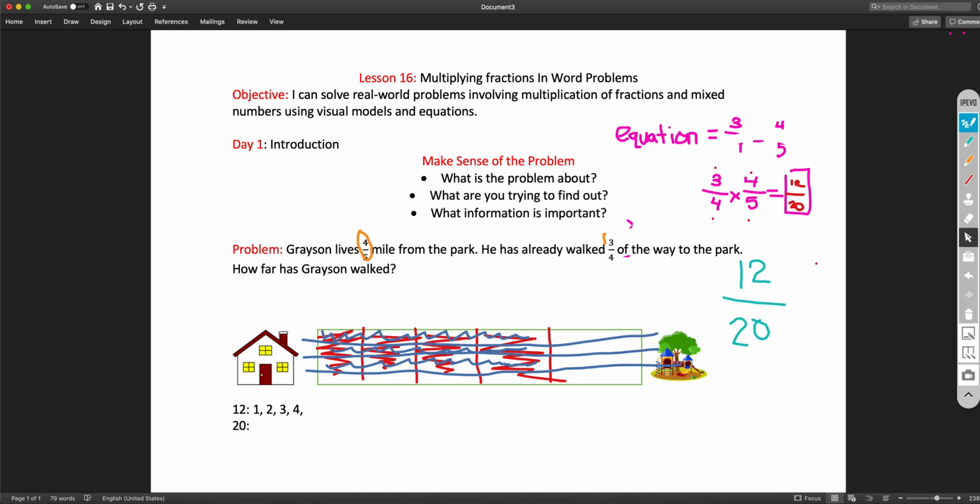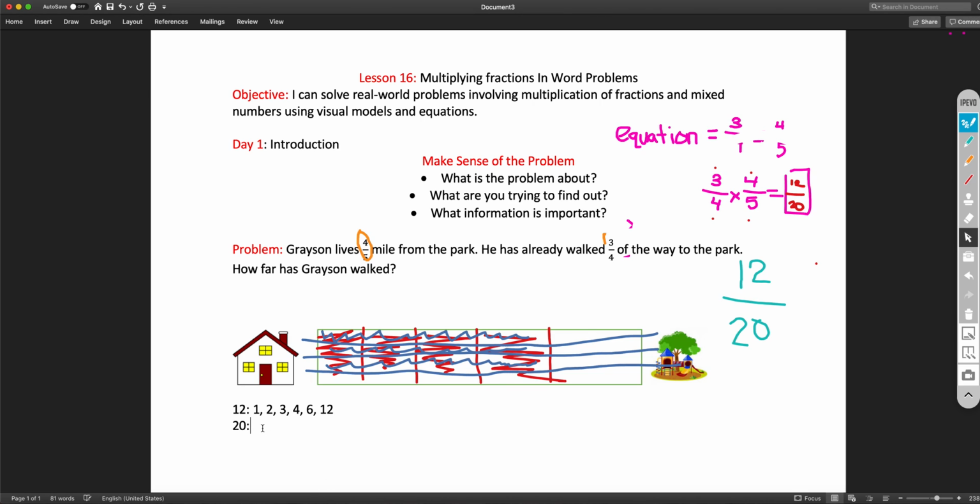What about 6? Yes, 6 times 2 gives you 12. What about 7? No, 7 times no number gives me 12. What about 8? Neither. 9, negative. 10, no way. 11, nope. 12, yes. So these are the factors of 12.